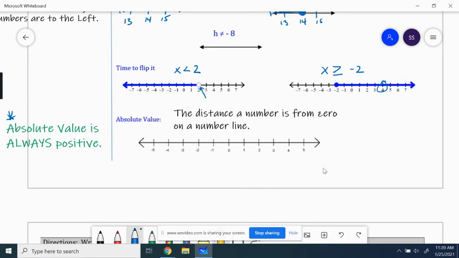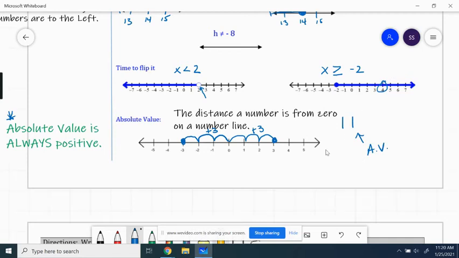Okay, so one way to think about it is if we're at -3 and +3, they're both the same distance from 0. 1, 2, 3, and +3 is also 1, 2, 3 units from 0. Okay, so we write absolute value as just these 2 vertical bars. This indicates absolute value.